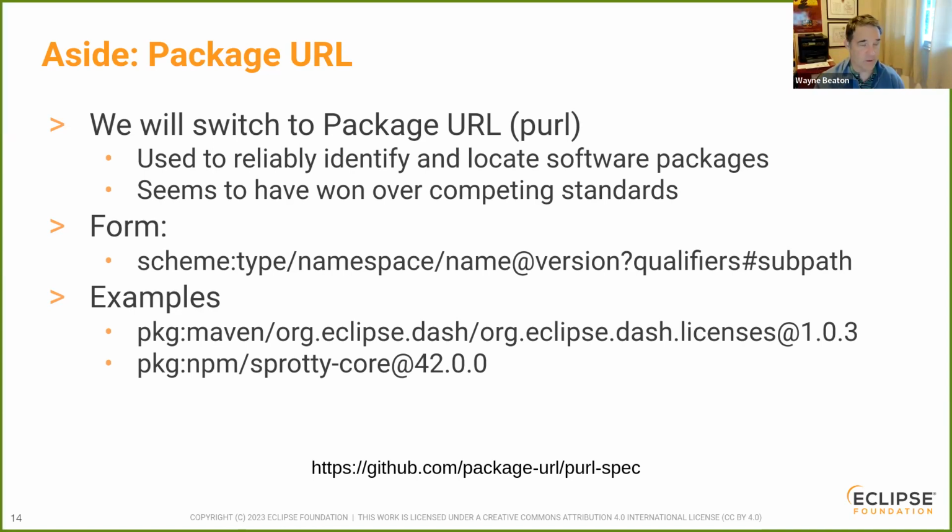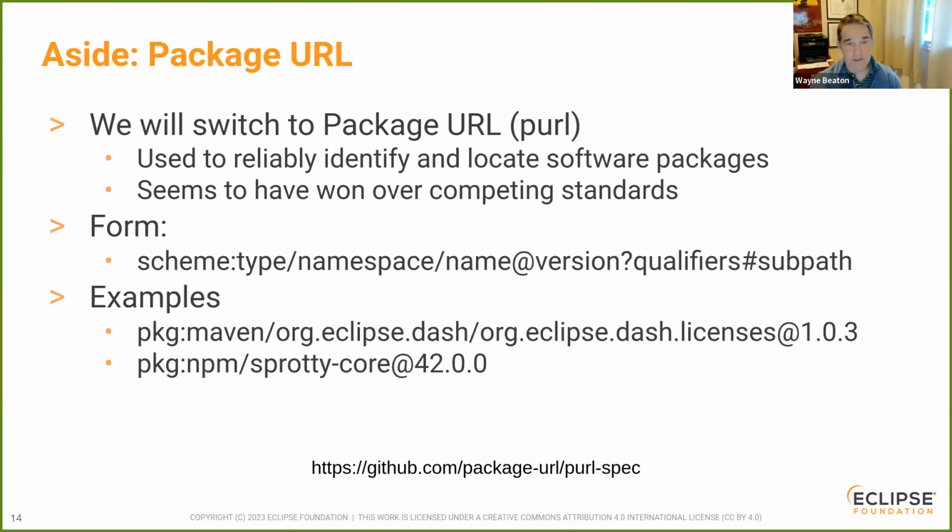At some point, we are going to switch to using package URL, which is a means of specifying in a consistent manner components that's language independent. Maven GAVs are fantastic at describing a particular Maven thing, but useless when it comes to describing an NPM thing or a cargo thing. So again, we're going to look at this.